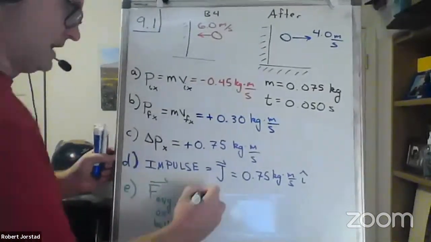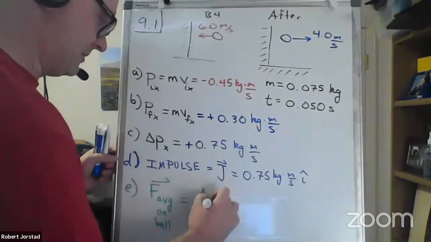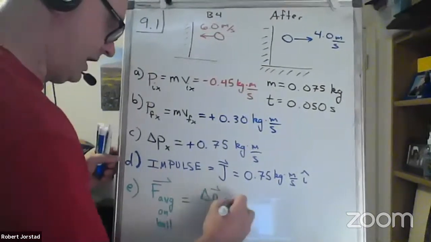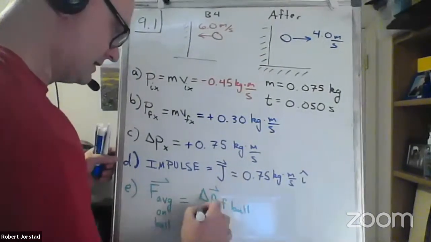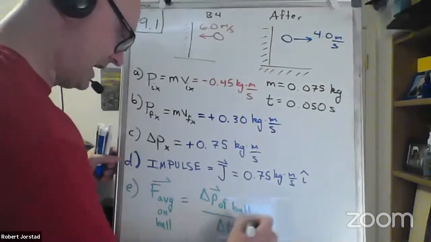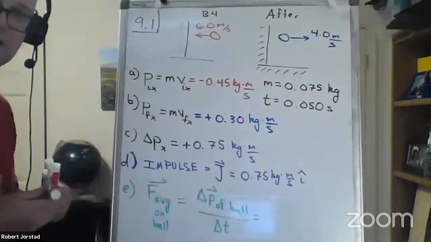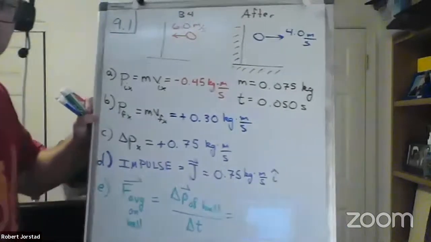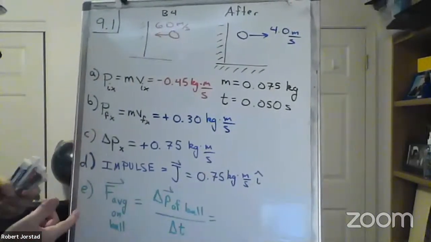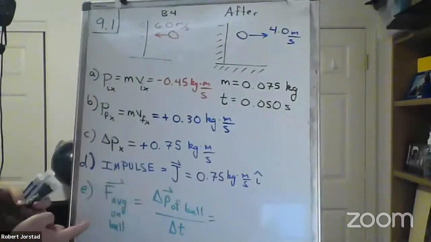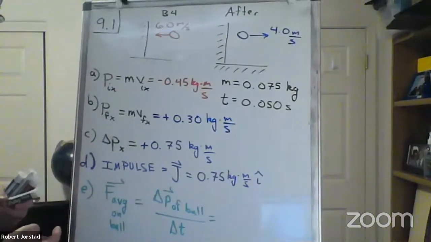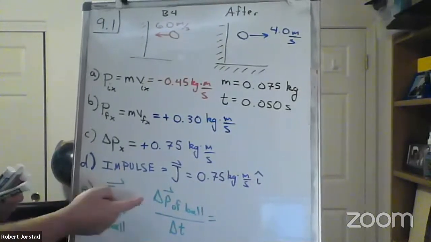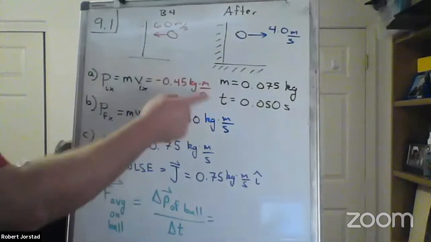It's equal to the change in momentum of the ball divided by the change in time over which that occurs. Sorry, that's so glary. The green is kind of hard to read. Apologies there. But basically you take delta P over delta T.